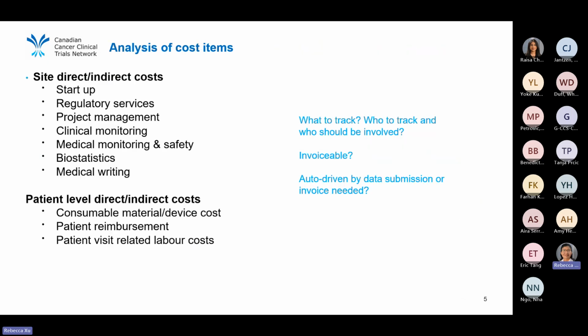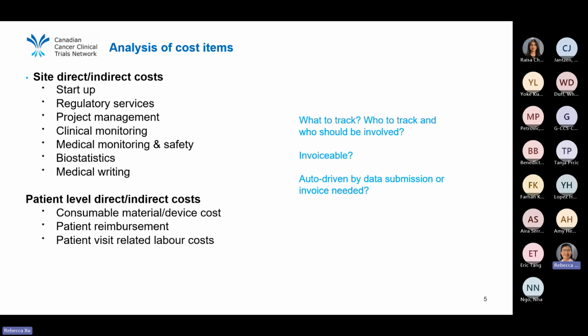And then for the cost items, of course, we will have some analysis of how we can import them. For finance tracking, because we're not going to burden the staff to track a lot of things that feel repetitive, you need to have a mindset of what to track and who should be involved, and whether they are invoiceable items.